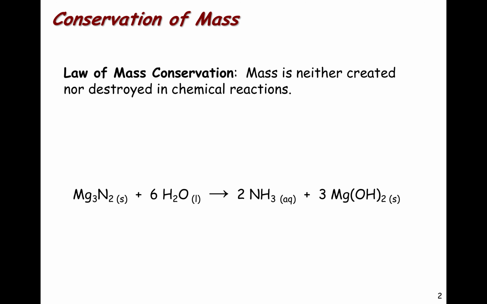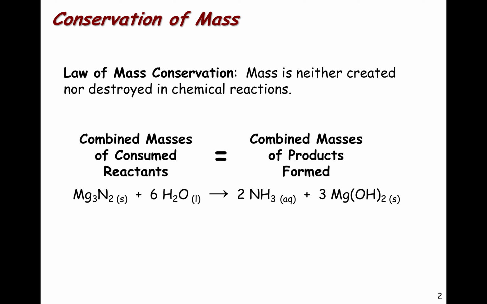Ammonia has the formula NH3, and this would be a mixture of the ammonia with the water if the water was given in excess. And then the other product would be magnesium hydroxide, which is Mg(OH)2, a relatively insoluble compound, so hence the S standing for solid.